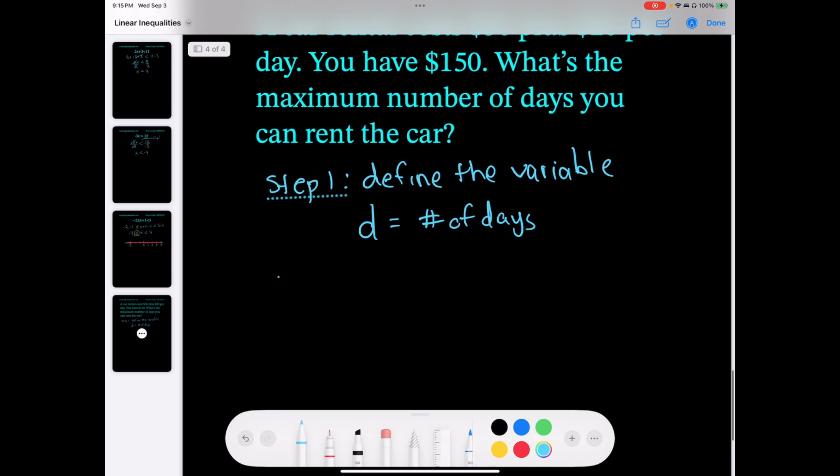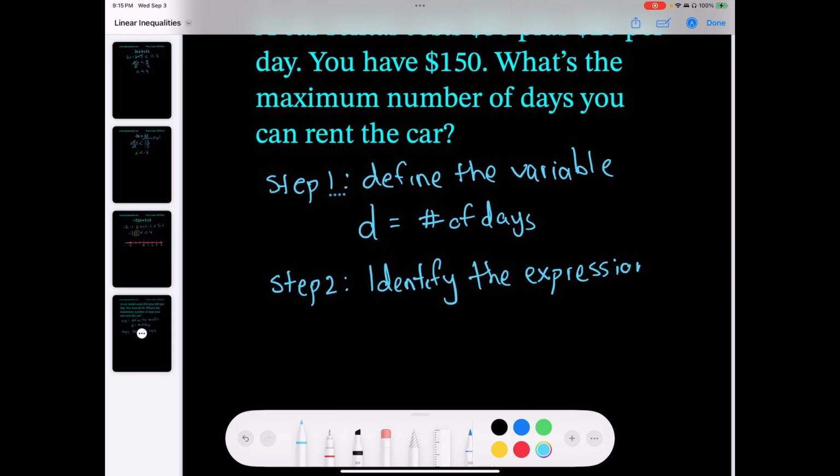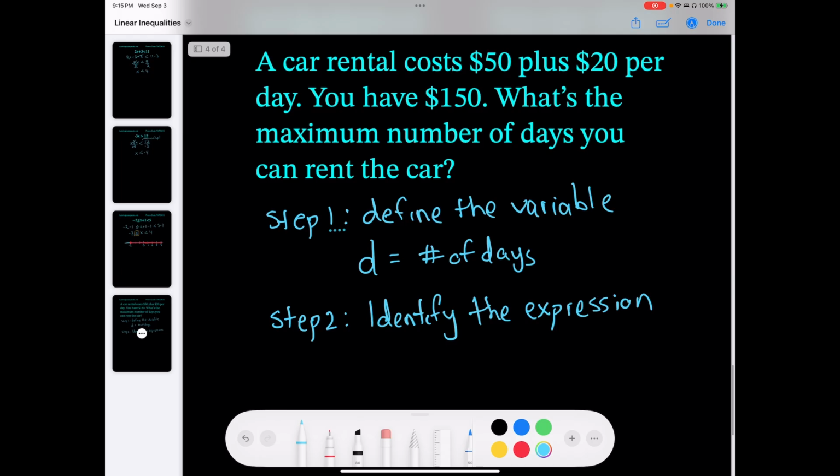All right, great. Step two, identify the expression. So they're saying the total cost is the fixed $50. So no matter what, you're always going to pay those $50.